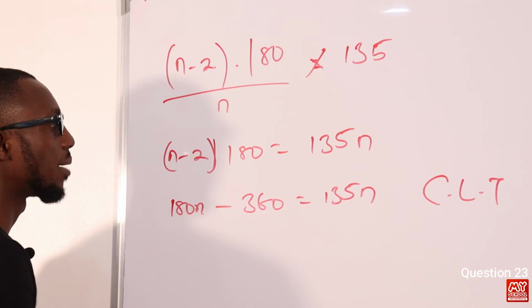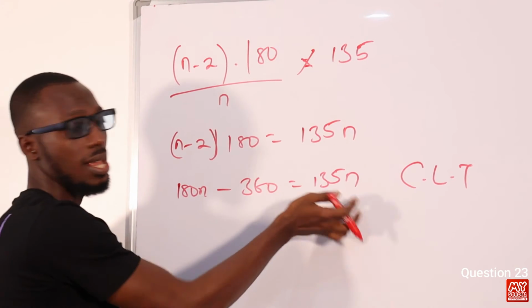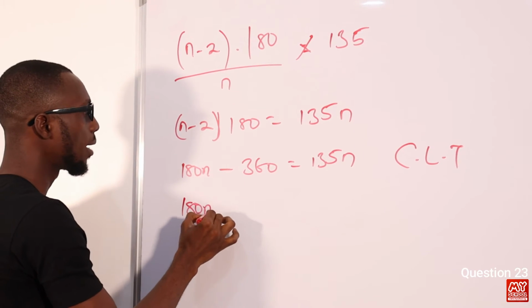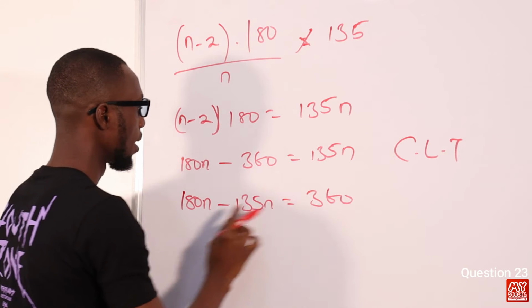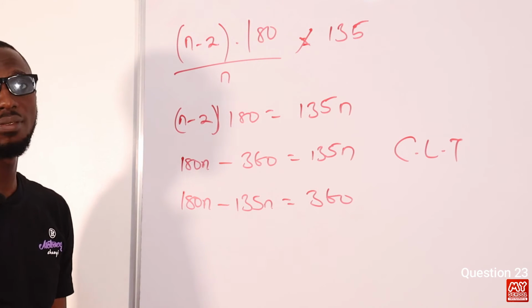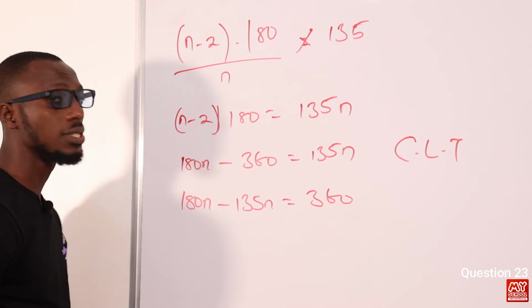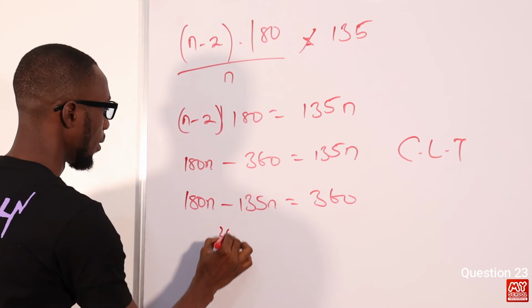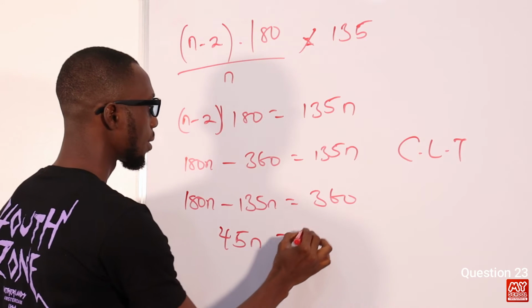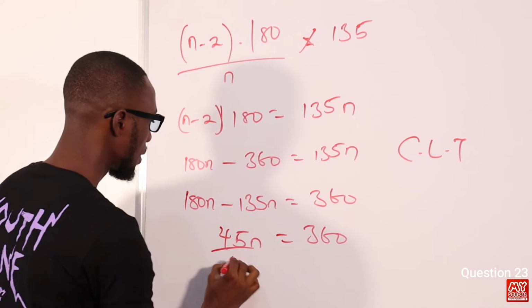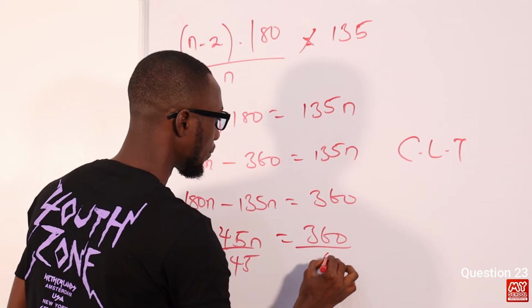So when we collect like terms, we can send this in, send this out. So we have 180n minus 135n equals 360. So 180n minus 135n, okay, that should give us 45n, right? So equals 360. So 360 divided by 45.